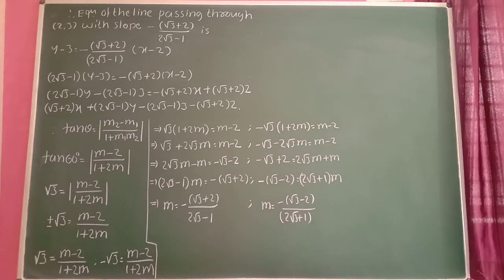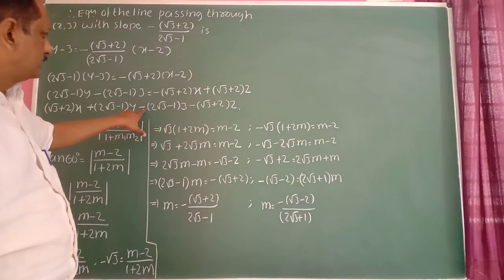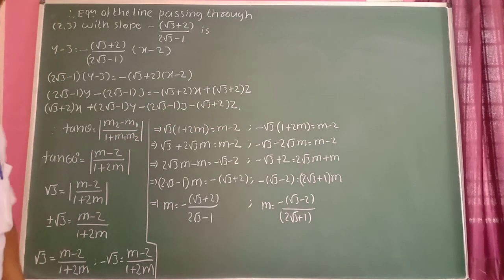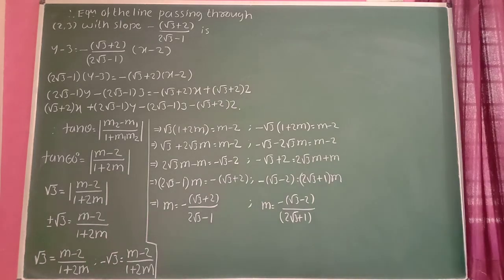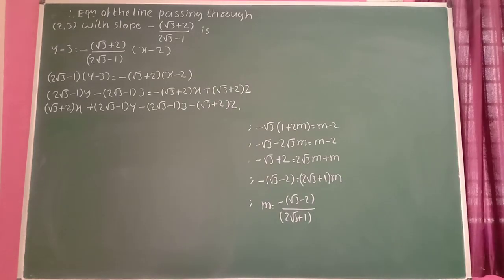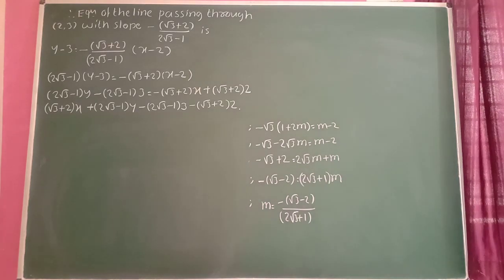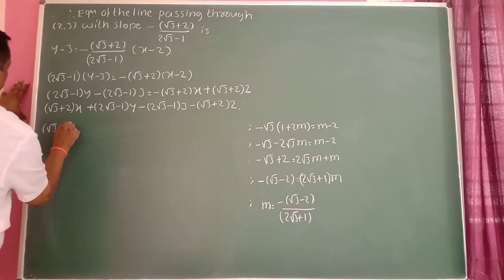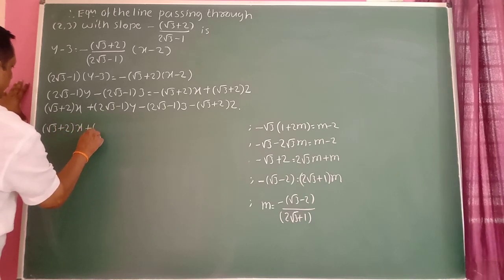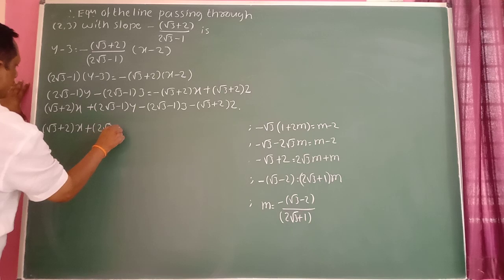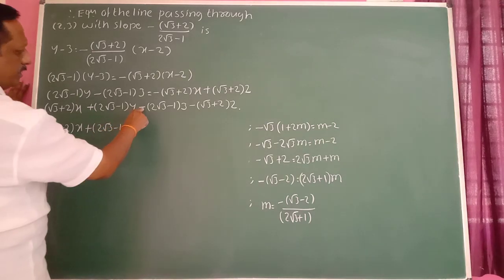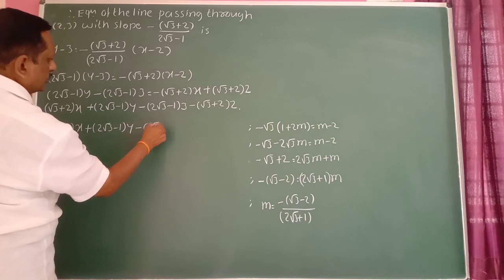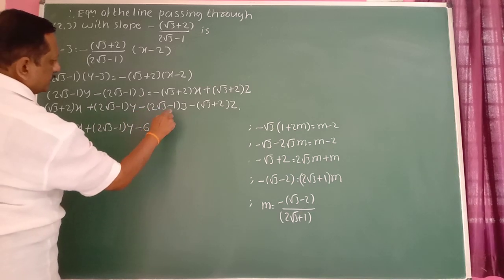Now you simplify here. Take this 3 and minus inside the bracket, and this 2 and minus inside the bracket. Therefore, (root 3 plus 2) into x, keep as it is. Root 3 plus 2 into x plus (2 root 3 minus 1) into y, minus 2 3s are 6, minus 6 root 3, minus into minus plus, 3 1s are 3.